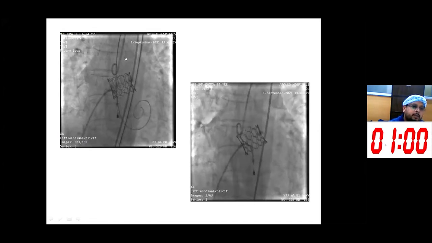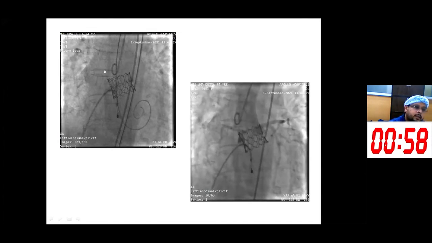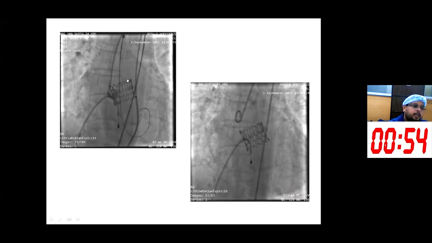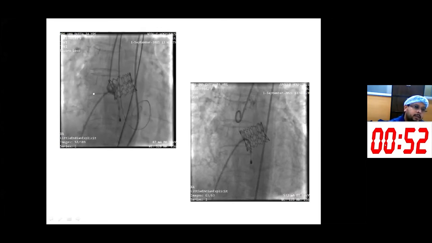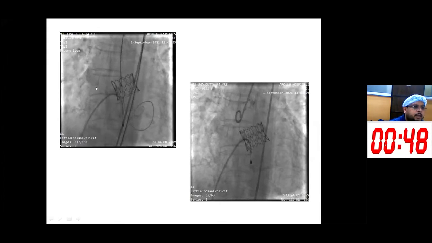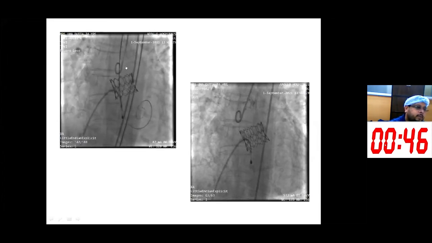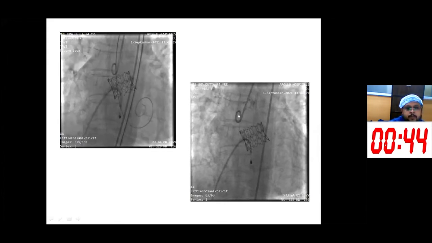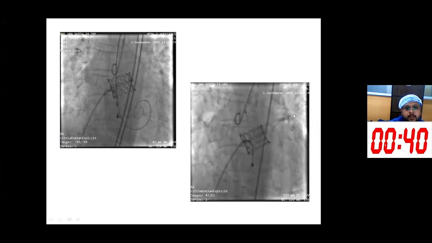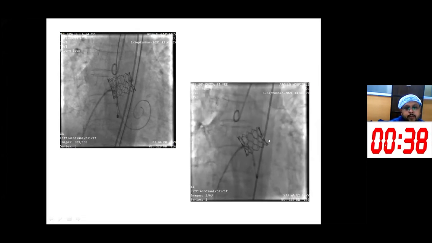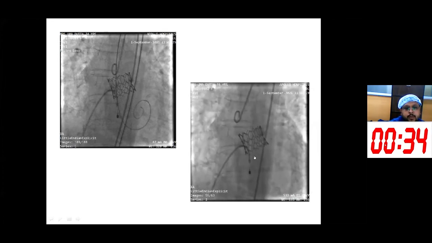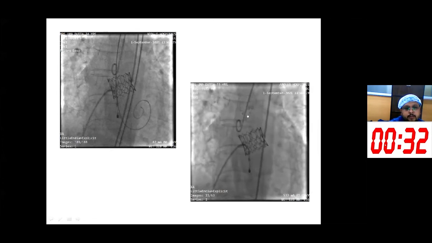The only problem here is that sometimes, if the sinotubular junction is very narrow, this pigtail catheter may get stuck, so we have to be careful while pulling it out. After that, we took a root angio. We see that the coronaries are flowing well, and there is no aortic regurgitation and no paravalvular leak. So this is well deployed.